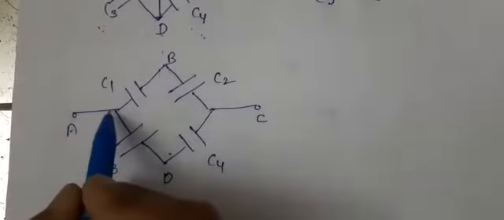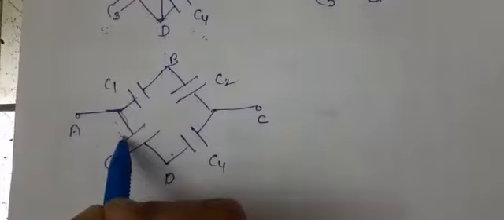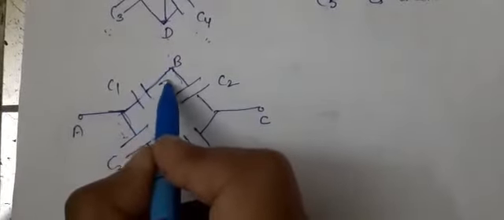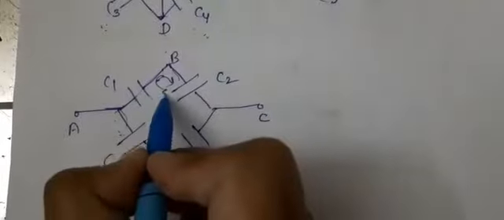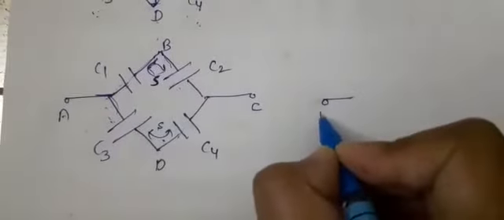Now see here. From this point A, there is a division. It means charge will be divided. But for C1 and C2, same path. It means they are in series combination. Similarly, C3 and C4, these are also in series combination. So now you will take the series combination of these two.